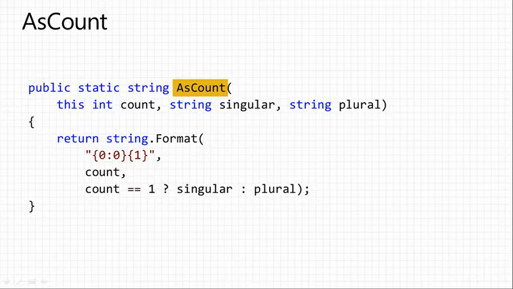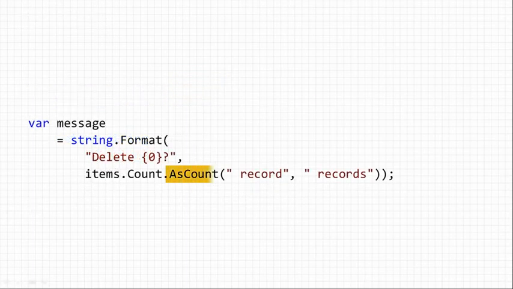My brain just about exploded. But if you're doing something in-house, which is what the majority of developers do, then this can be helpful. This is how you would use it. Now you'll note here that I've included the space in both strings. An earlier version of this method had the space in the method and you just supplied what they were, and in some cases it wasn't the right thing to do, so I changed it.